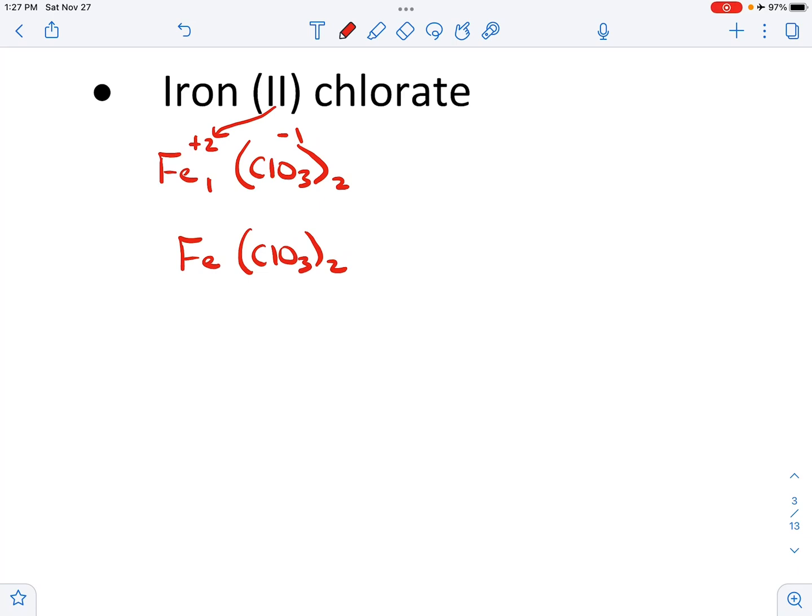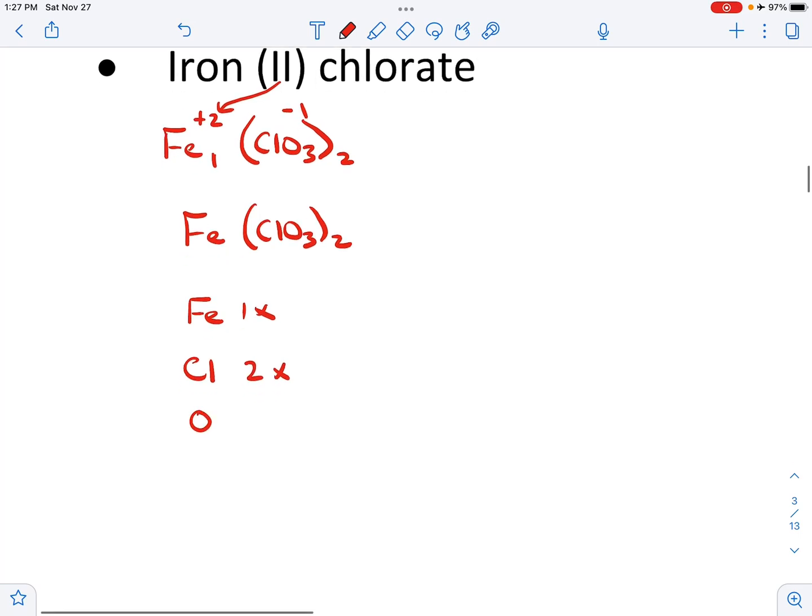Okay. Now we're ready to break it into our elements. So we have Fe, and we have one of those. We have Cl, right? Cl, not Ci, because it's chlorate. So there are 2 chlorines. And then O, we have 3 times 2, which is 6. So we have 6 of those.